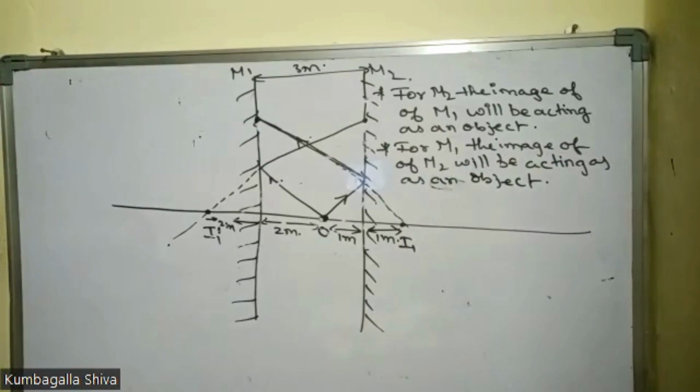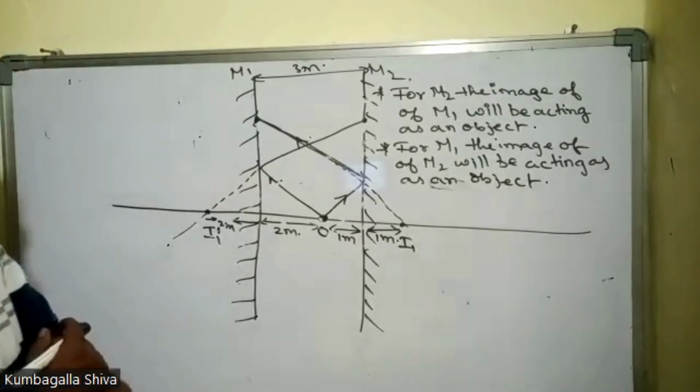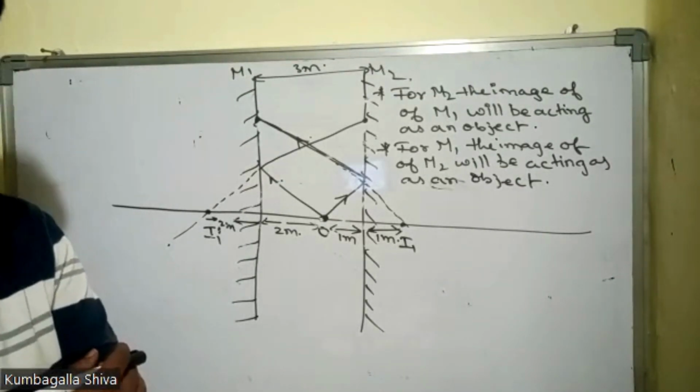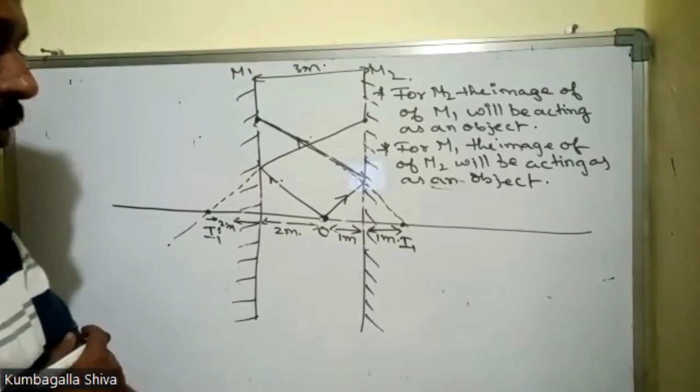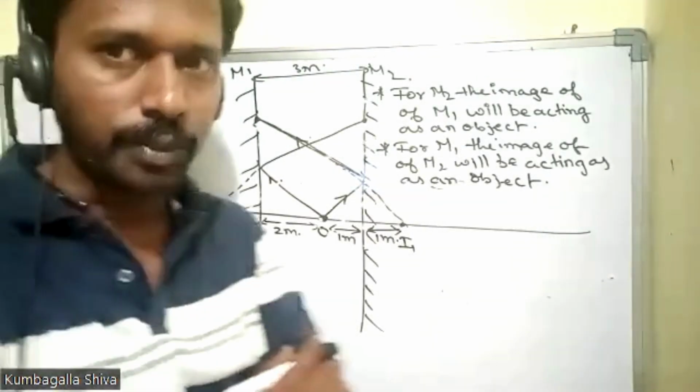So this statement is very clear. For M2, the image of M1 will be acting as an object. For M1, the image of M2 will be acting as an object. Are we clear with this statement? Right? Okay.